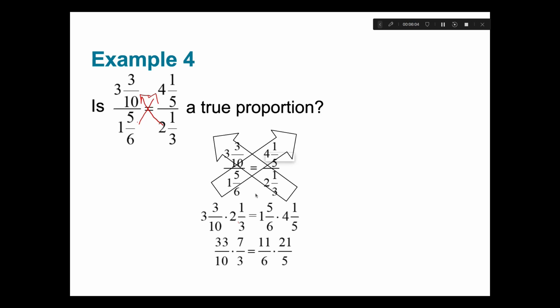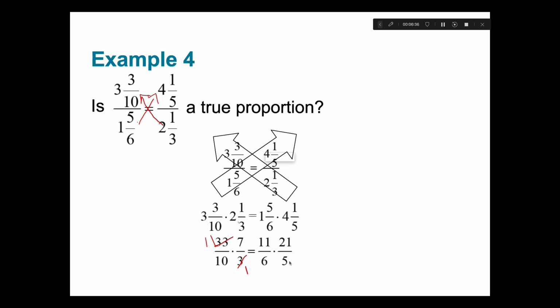Once we get them turned into those improper fractions, then it's easy to see what we can cross cancel before we multiply. We don't have to take 33 times 7 or 11 times 21. We can look at these and ask, what can I cancel out? Who sees some numbers here I can cancel out? 33 and 3. The 33 would become 11. Can I cancel anything out of 10 and 7?